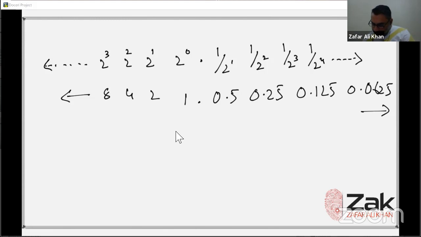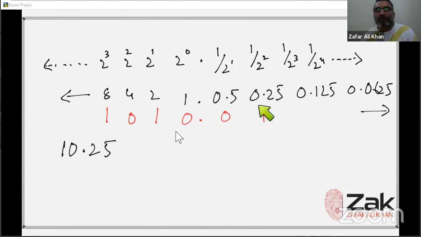So if I would like to make a denary number 10.25, I would actually be achieving it in fixed form as 8 plus 2, 1010.01. So this 1 is being multiplied with 0.25.